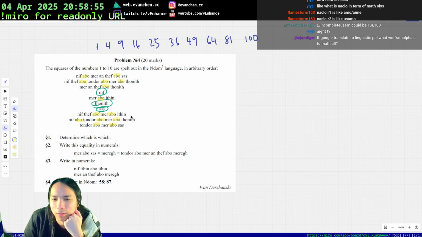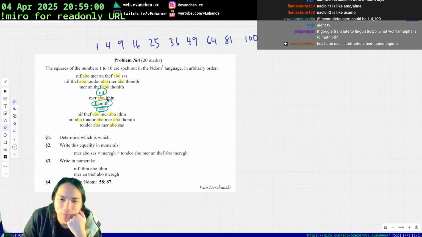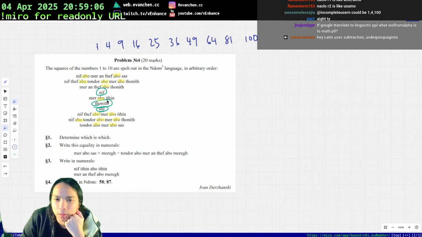Nothing ends with nif. Ithin is the other. So ithin looks like it wants to be like the units digit of some base, not necessarily base 10. Like these are the ones you'd expect to see a lot if you were working modulo a base for which you didn't have that many different quadratic residues.